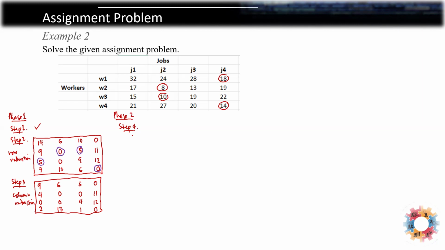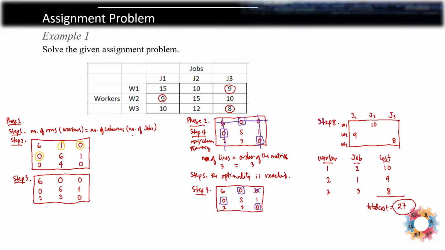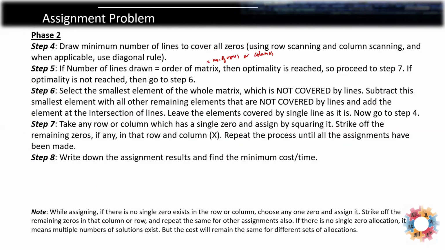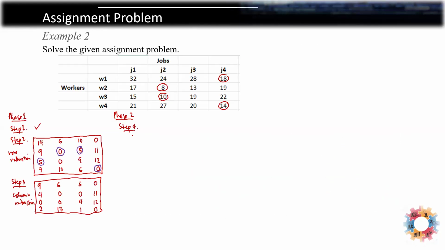Again, in step number 4, we have to draw lines that will cover all the zeros. Draw the minimum number of lines to cover all zeros using row scanning and column scanning. And to do that, we will copy the table we obtained from step number 3.